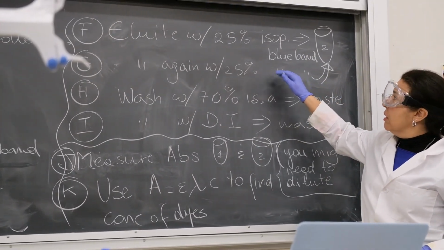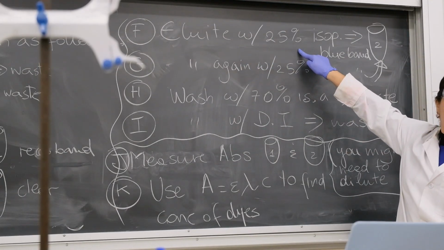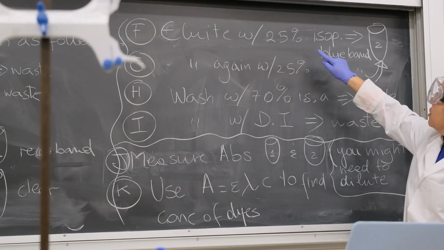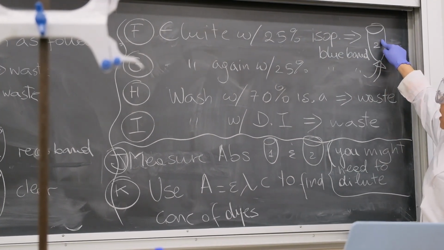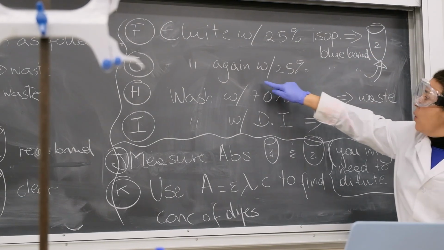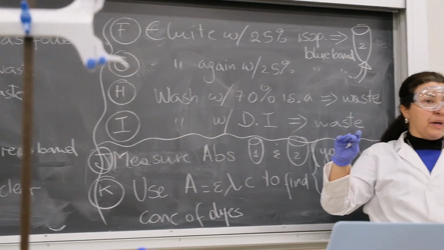For the brilliant blue, we need a much more polar solvent, so we're going to use 25%. We collect in tube 2. We repeat again, so that we make sure that we collect all the brilliant blue.